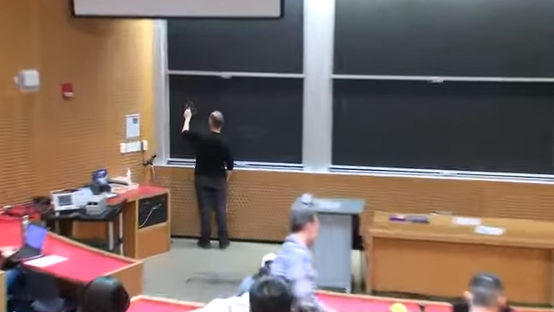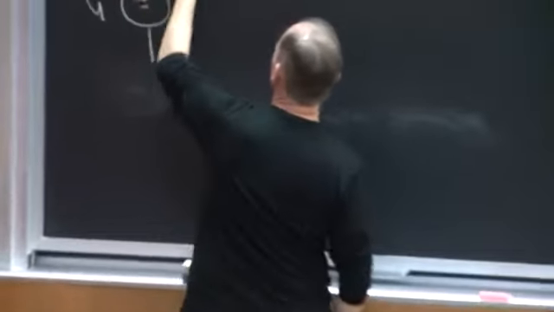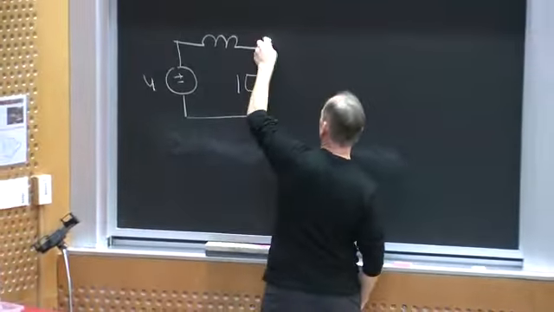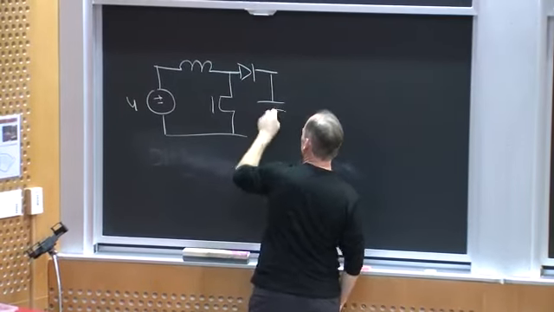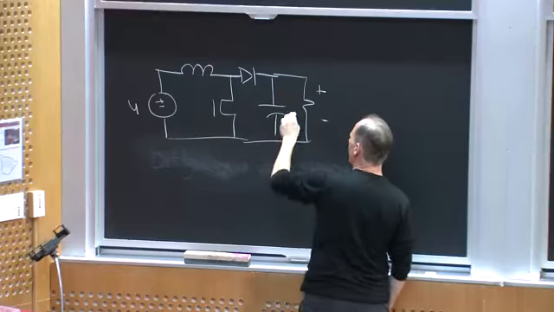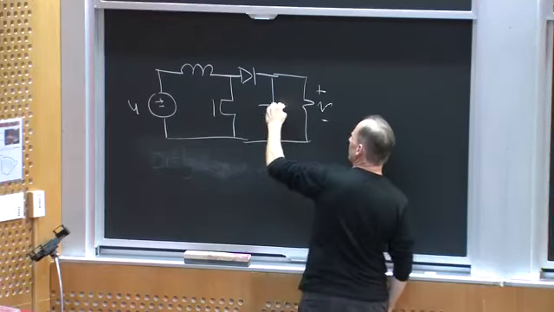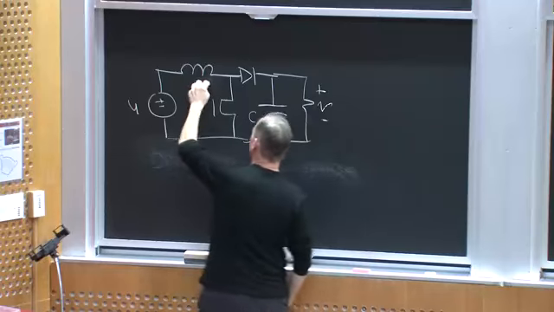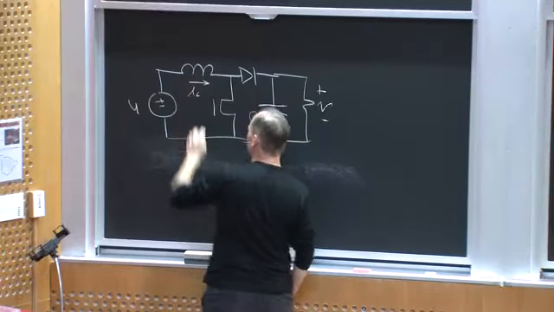And we said that we saw a few phenomena. So if I took, for example, a boost converter as my canonical example, I have V, the output voltage, which is one of my state variables because of the capacitor C, and IL is the other state variable.